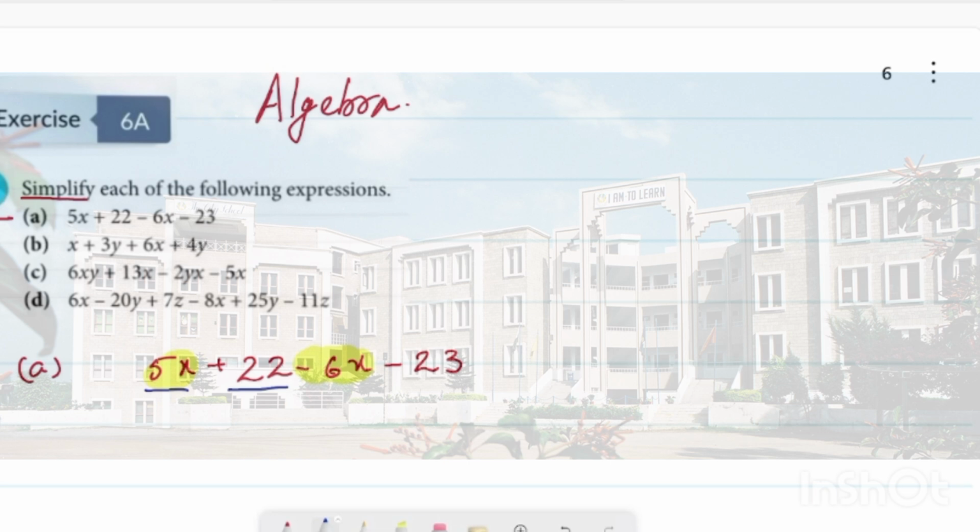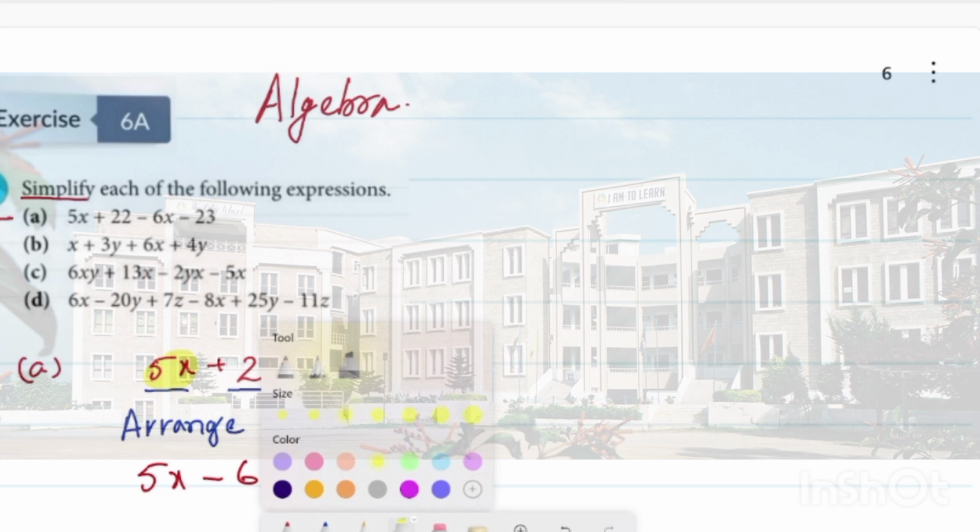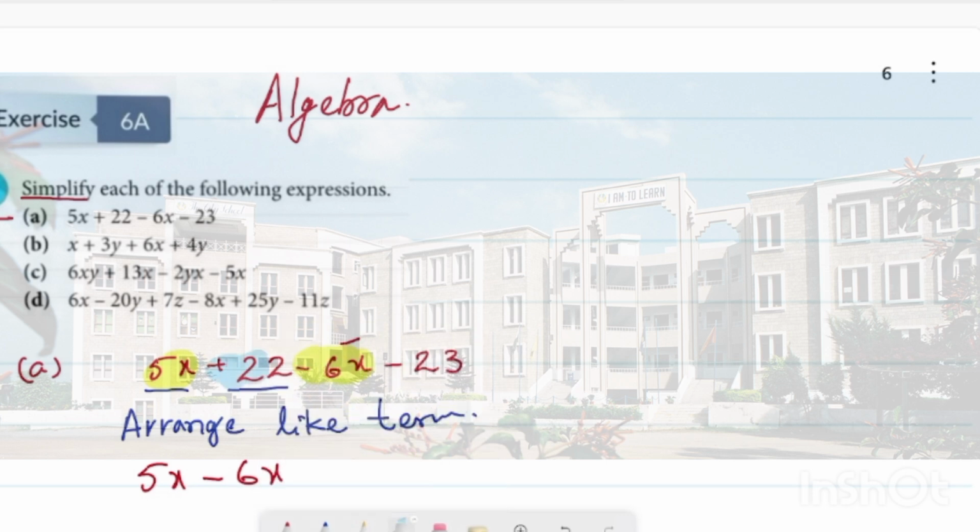So we arrange like terms first: 5x, and then the next term, minus 6x, and then we'll look for the other one, which is a number, plus 22.